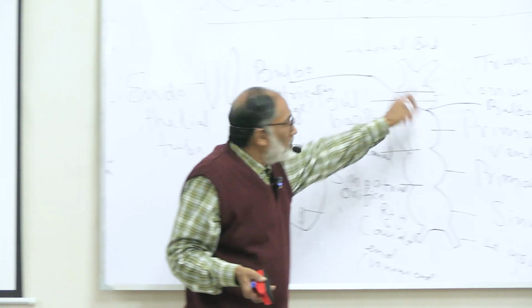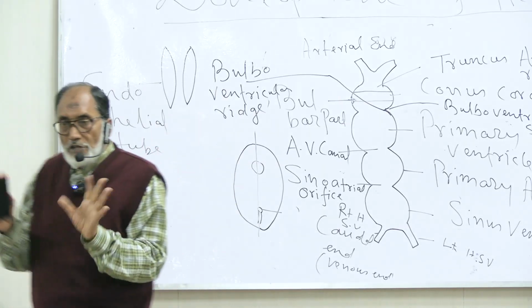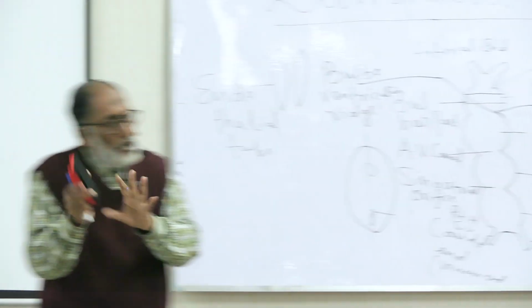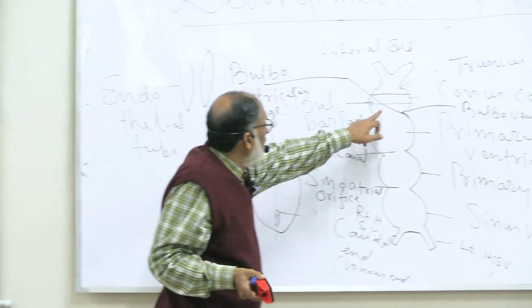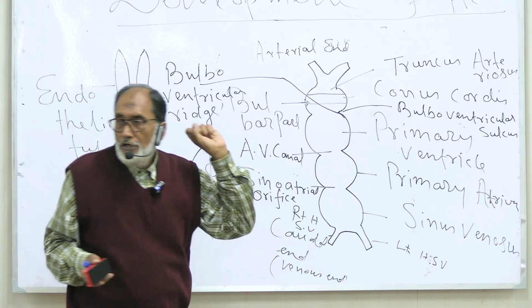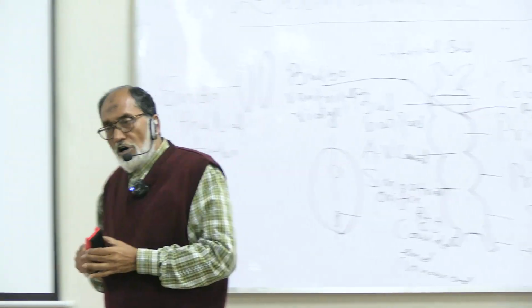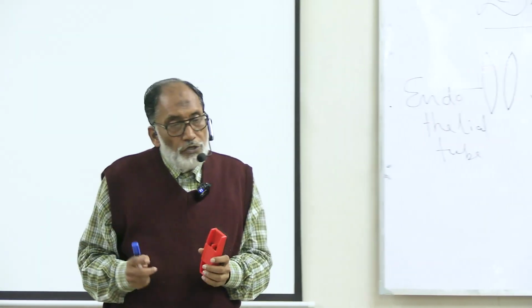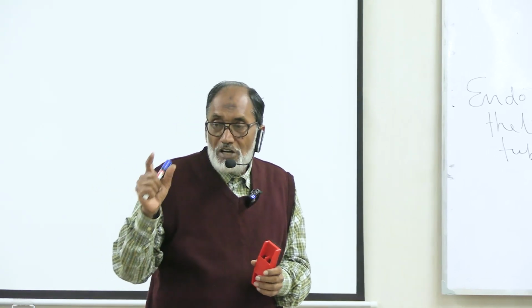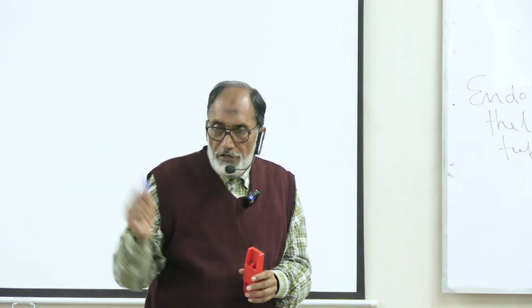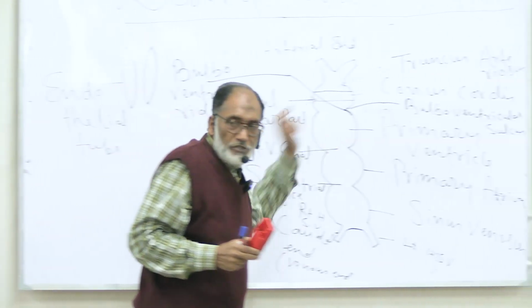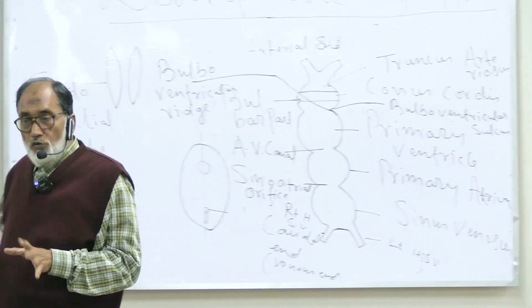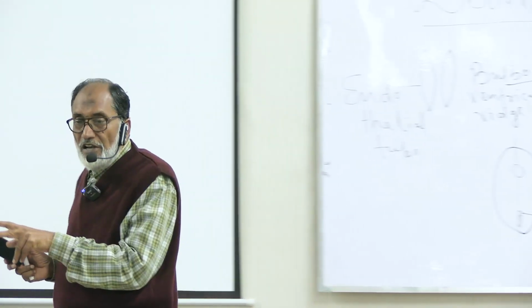Now the middle part, conus cordis, will give rise to the outflow tract of both ventricles. Now the bulbar part, that means the proximal third of the bulbus cordis, will give rise to the rough part of the right ventricle, and the primary ventricle will give rise to the rough part of the left ventricle.